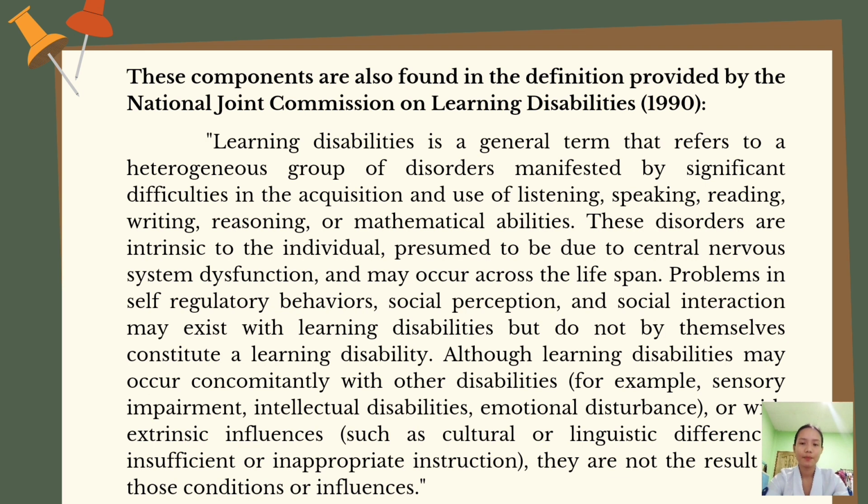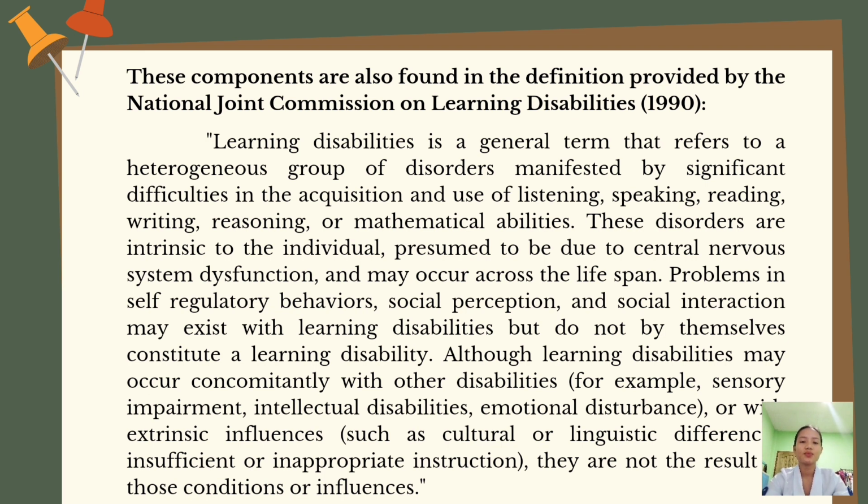These disorders are intrinsic to the individual, presumed to be due to central nervous system dysfunction, and may occur across the lifespan. Problems in self-regulatory behaviors, social perception, and social interaction may exist with learning disabilities, but do not by themselves constitute a learning disability.